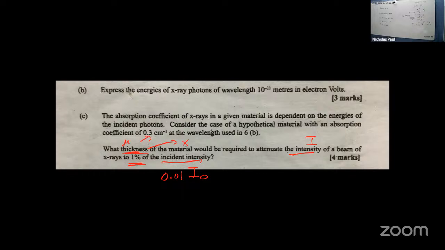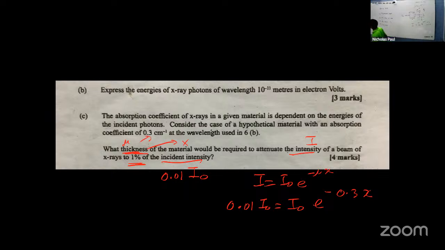That makes sense? So they want the I value to be 1%. 1% is 0.01 I naught. Okay, so if I go to the formula, I is equal to I naught e minus mu x. They want the I value to be 0.01 I naught. So 0.01 I naught is equal to I naught e minus 0.3x. Right?